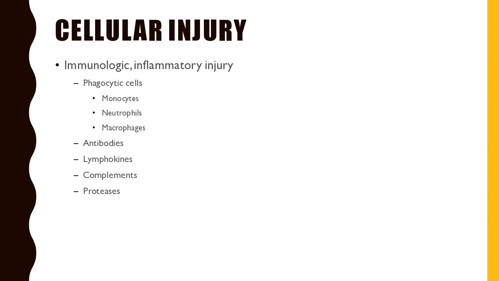If the cell membrane is injured, or if the transport mechanism, in other words the sodium-potassium pump, is damaged, then intracellular water levels increase. That's going to cause the cell to swell. If the swelling continues, then the cell will rupture, and then you'll need phagocytes to come and clean up that mess.